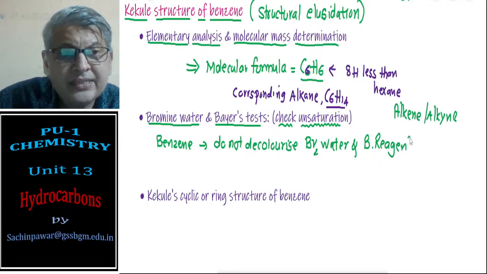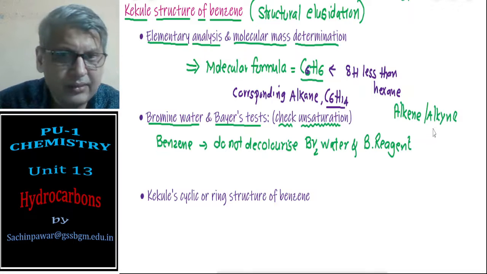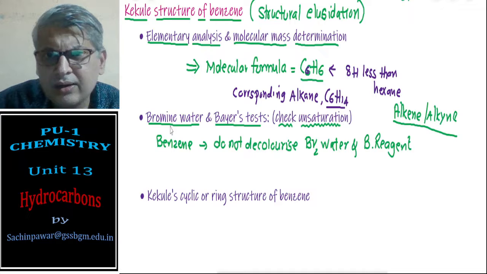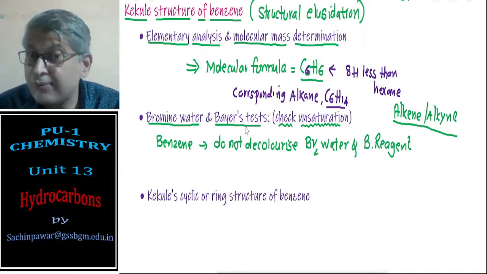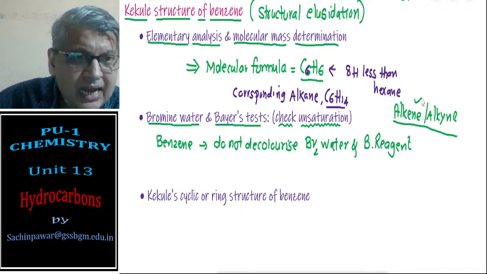So this indicates that it is not alkene or alkyne, because, as you have learnt in the reactions of alkenes and alkynes, they should undergo reaction with bromine water and Bayer's reagent. The bromine is brown in color, it should decolorize. Bayer's reagent is KMnO4, a pink colored solution, that should decolorize if the compound is alkene or alkyne.